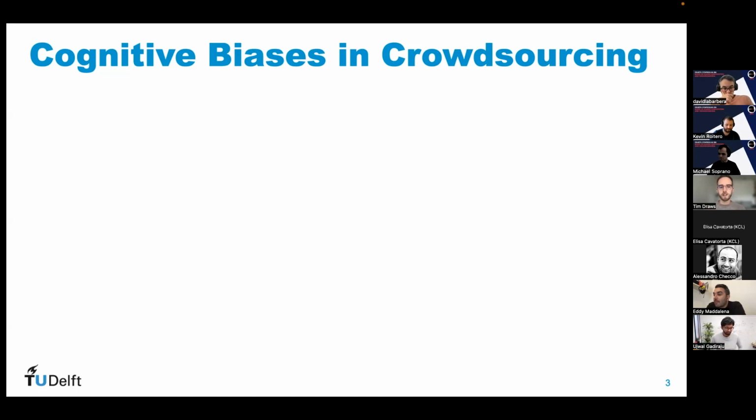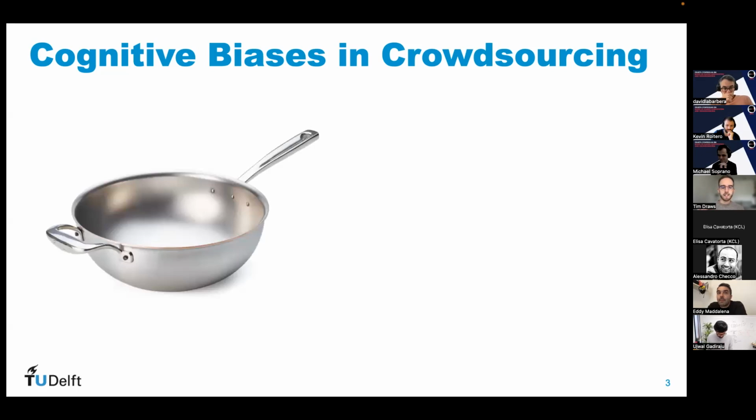And just to give you an idea of what that might look like, let's say we have a simple annotation task where we ask workers to label images, such as this one, as a paella pan or not a paella pan. In this case, this is actually a risotto pan.